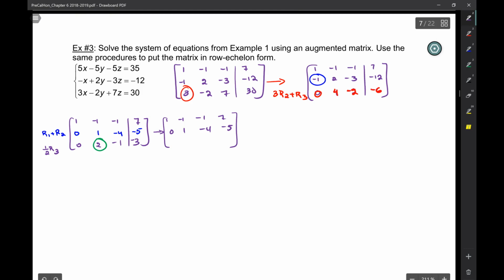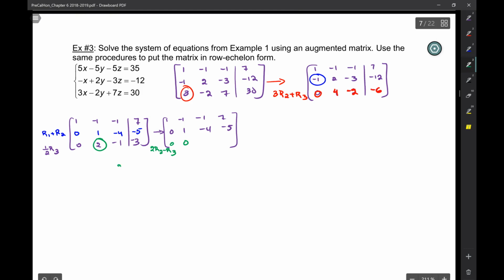Multiply. Okay, so 2R2 minus R3. So 2 minus 2 is 0.